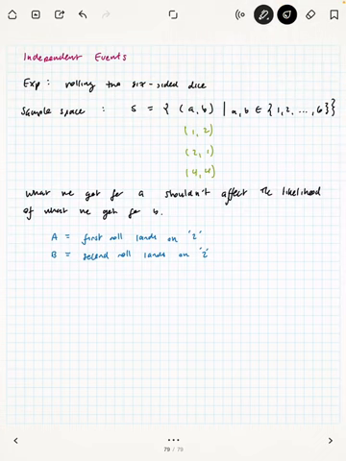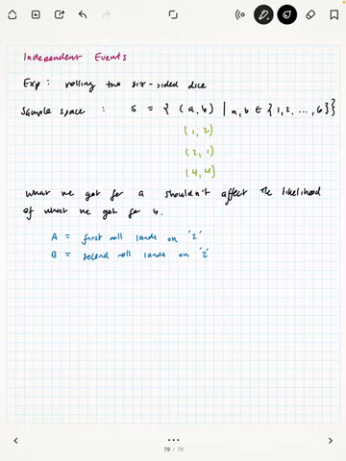So let's think about these events precisely. The event in which the first roll lands on 2 just means A is 2, but B can be anything. It could be 1, it could be 2, it could be anything between 1 and 6. Similarly for B. The second roll has to be 2, but A can be anything between 1 and 6.